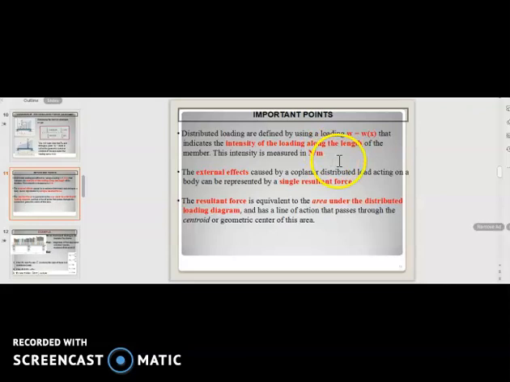The external effect caused by a coplanar distributed load acting on a body can be represented by a single resultant force. So we can change the distributed load into the single resultant force by doing the integration method. The resultant force is equivalent to the area under the distributed loading diagram and has a line of action that passes through the centroid or geometric center of this area. Okay, that's it.